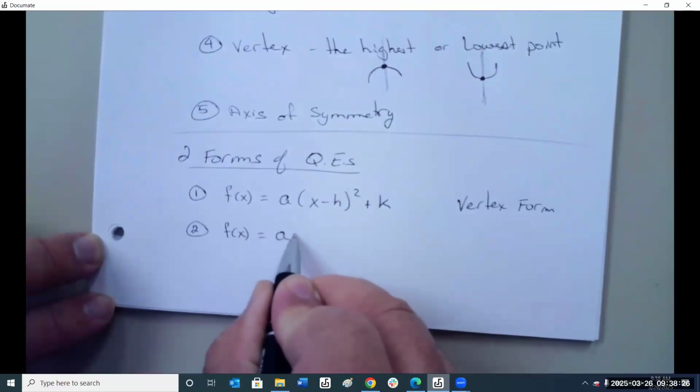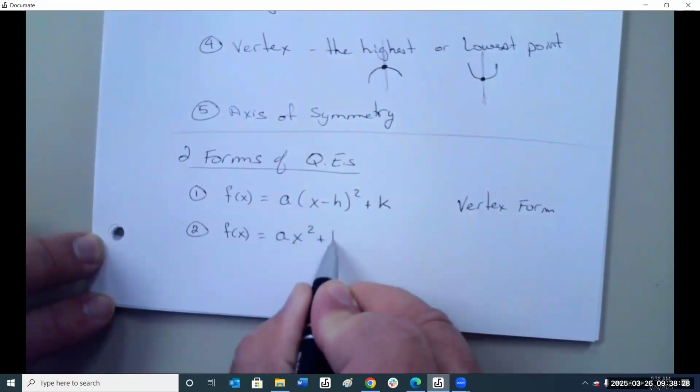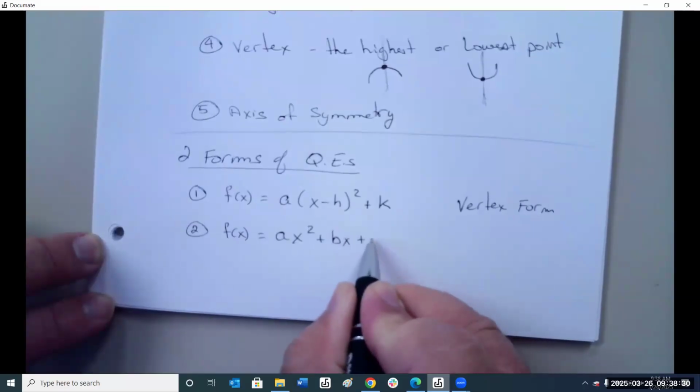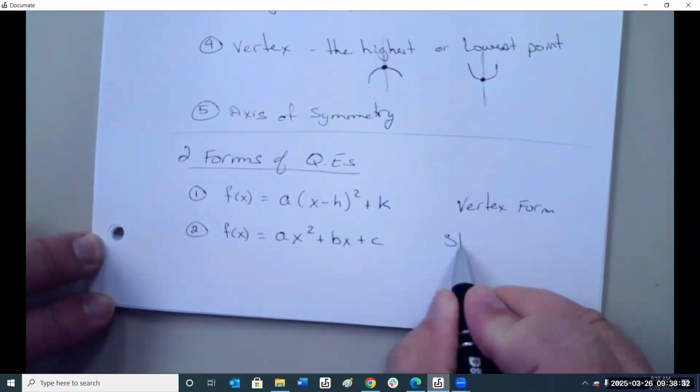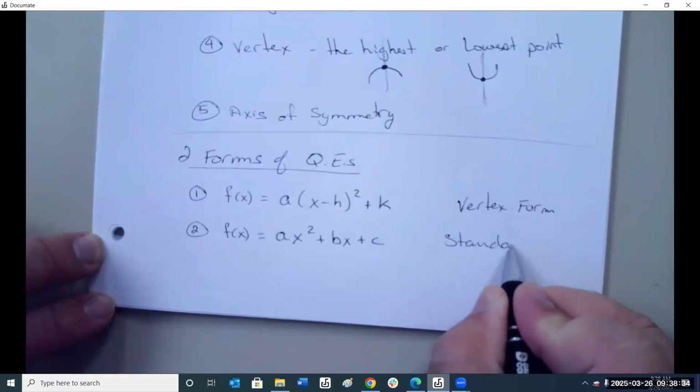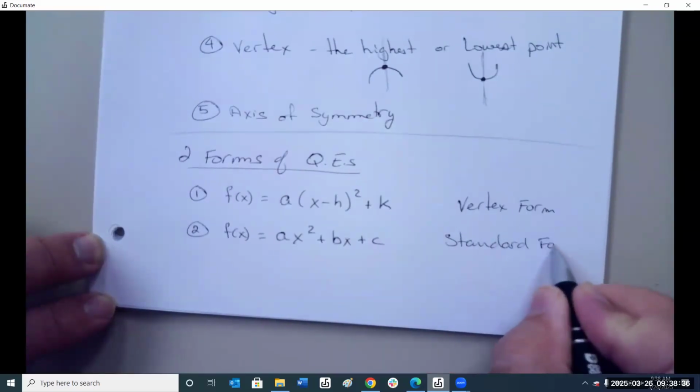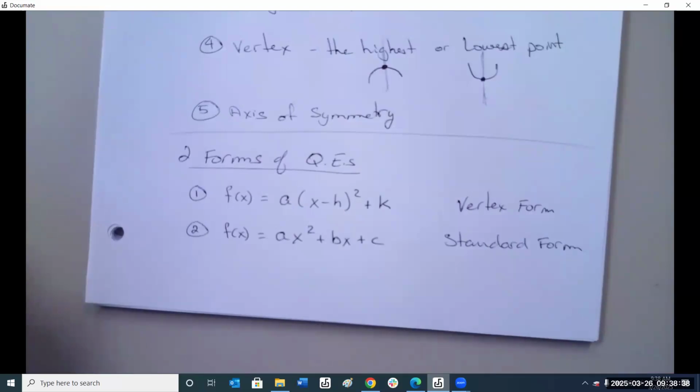And then we have the standard form. So far, so good.